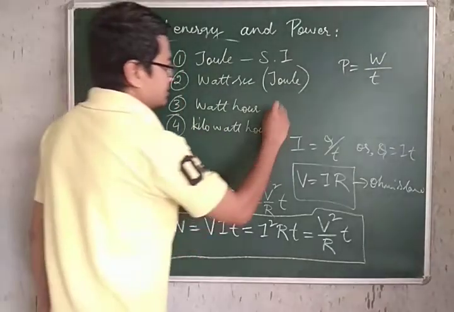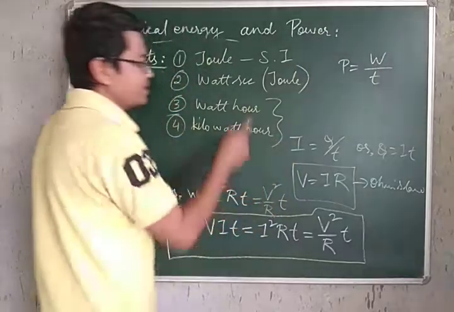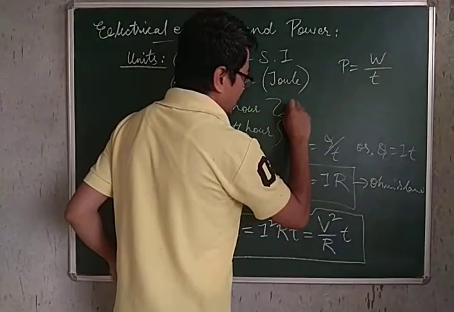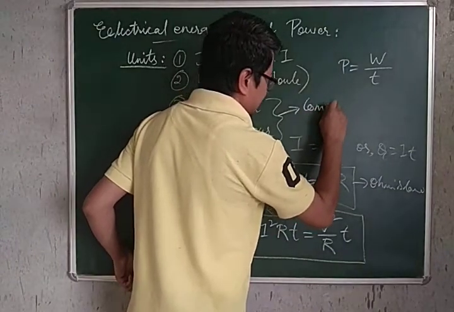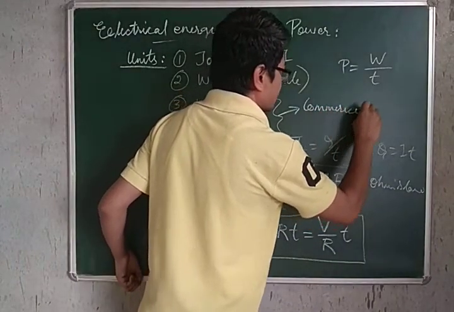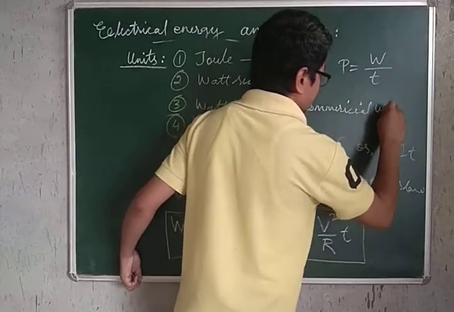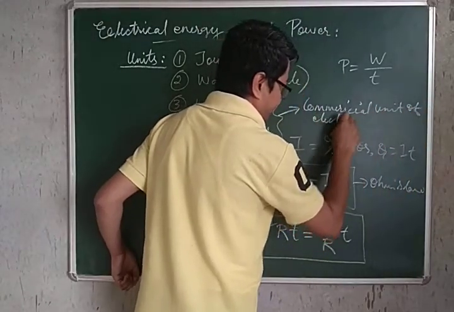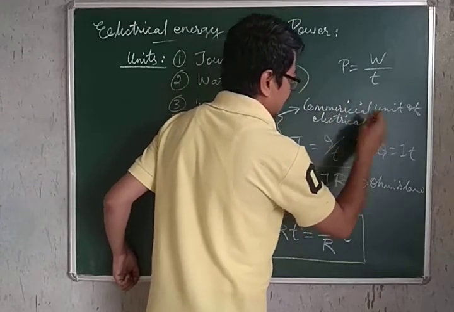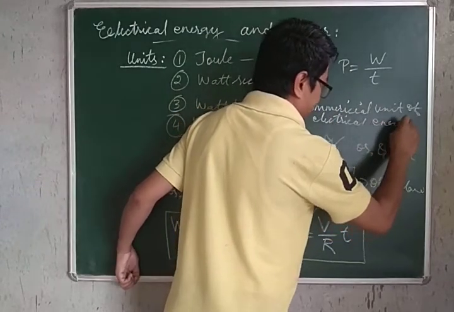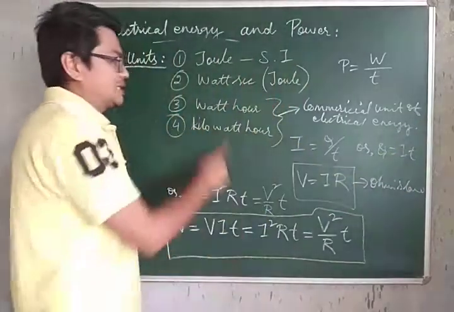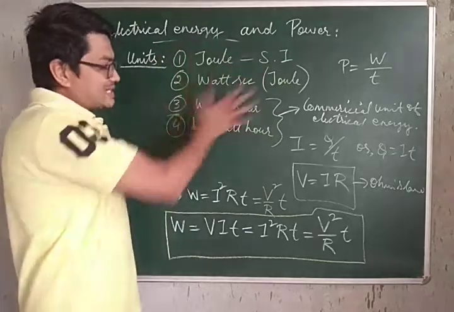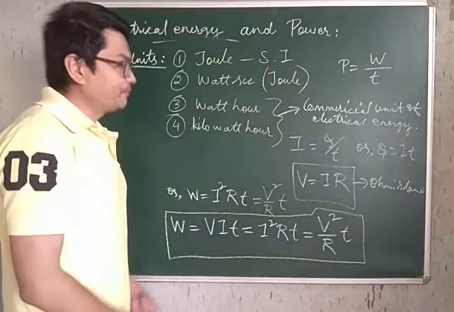These are very, very important units, especially watt hour and kilowatt hour. These are also called the commercial unit of electrical energy. So these are the units for electrical energy.